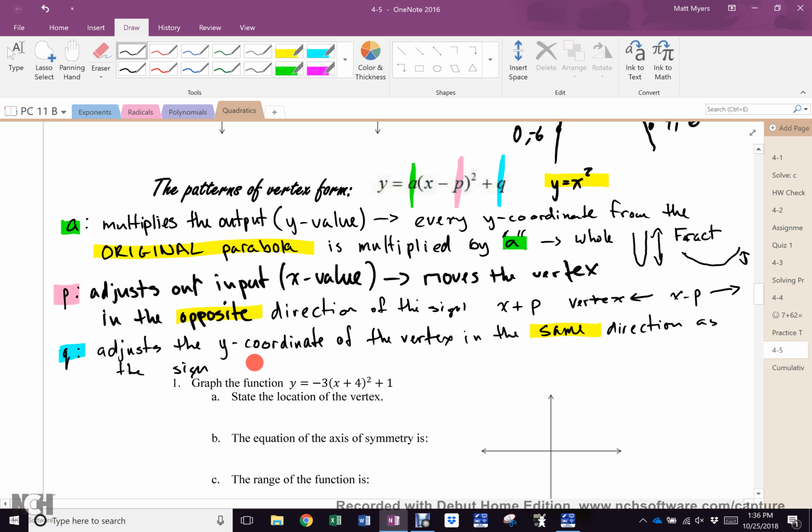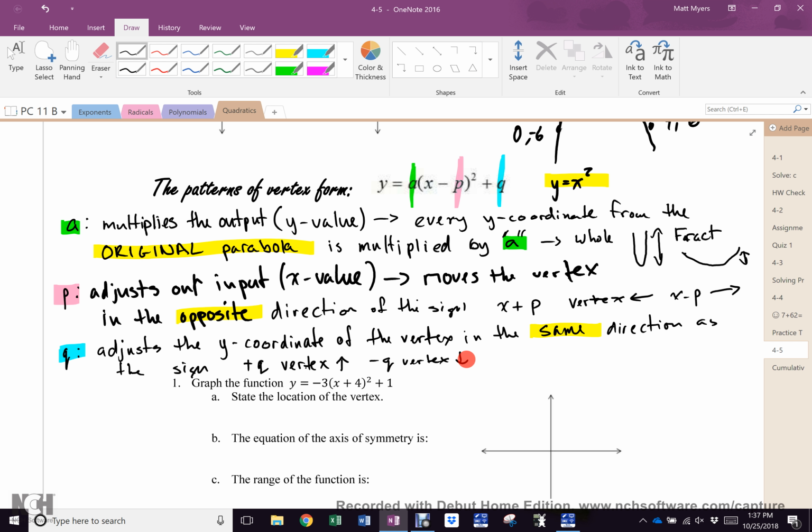What does that mean? If it is plus Q, your vertex moves up. If it is minus Q, your vertex moves down. Everything in one place. Is everybody cool?